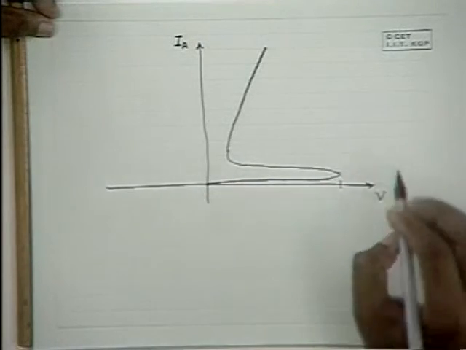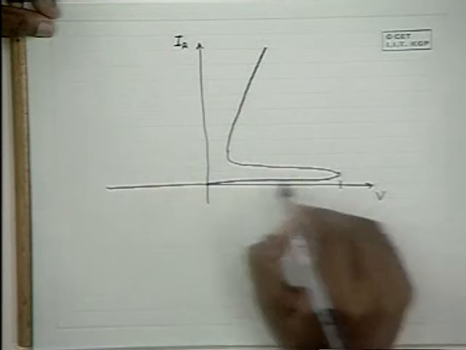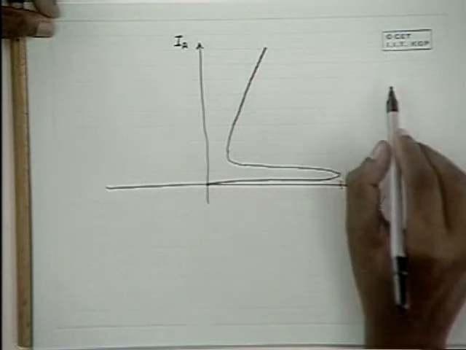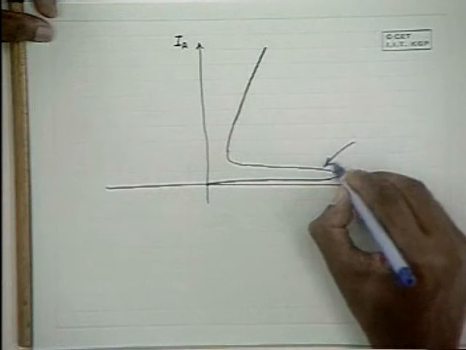At this point, the device breaks down and current increases. If there is a series resistance between the SCR and the supply, the voltage gets dropped across the series resistance, and as a result, the voltage across the SCR drops and current increases. So this is the case when Ig is equal to 0.